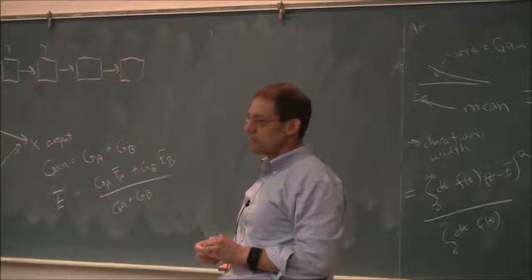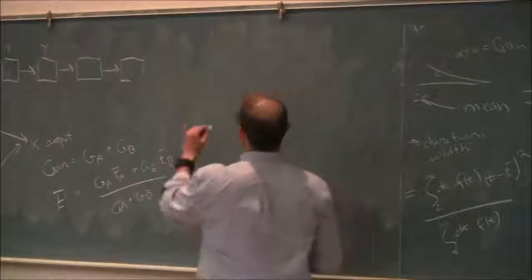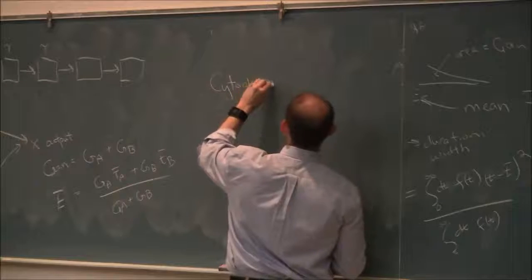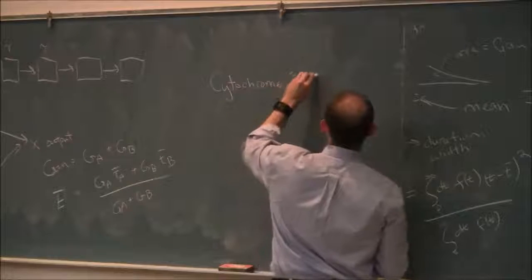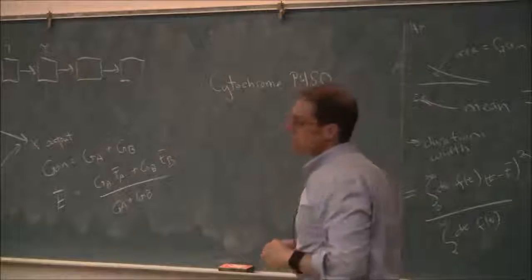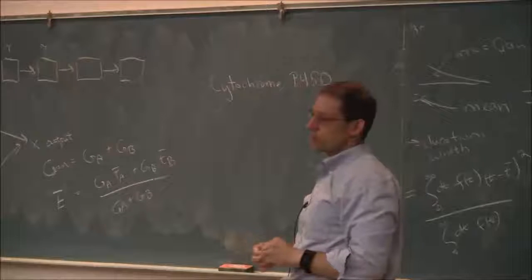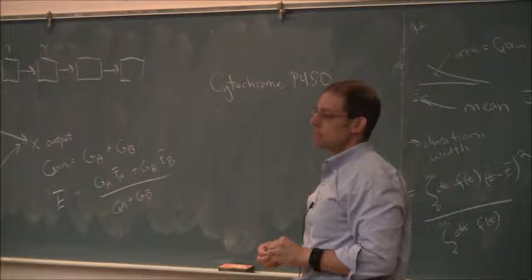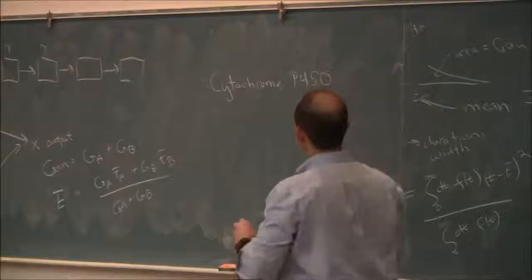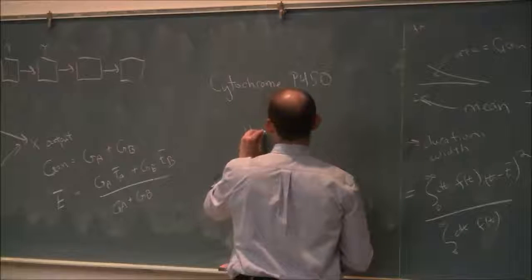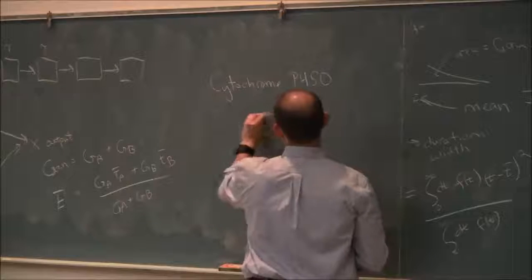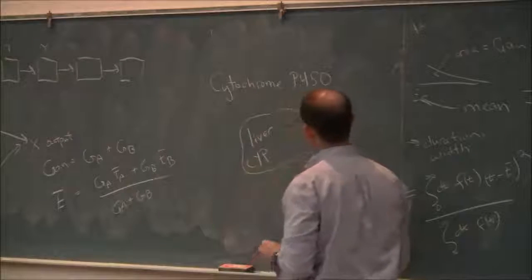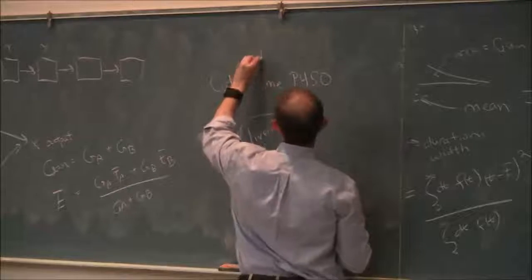One of the major types of genetic variants are variants of a protein called cytochrome P450. There are lots of different proteins in this family. So this isn't one protein, it's a whole family of proteins. They use the heme group to do redox reactions. And the idea is that your liver is filled with cytochrome P450s.